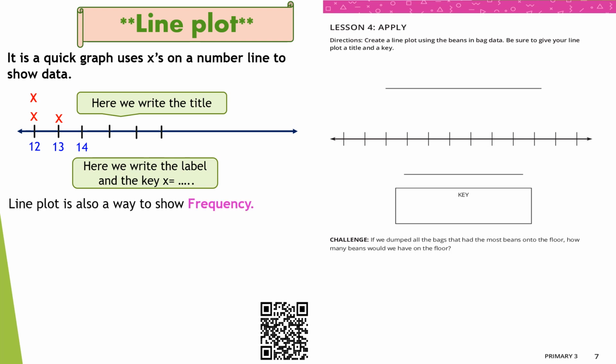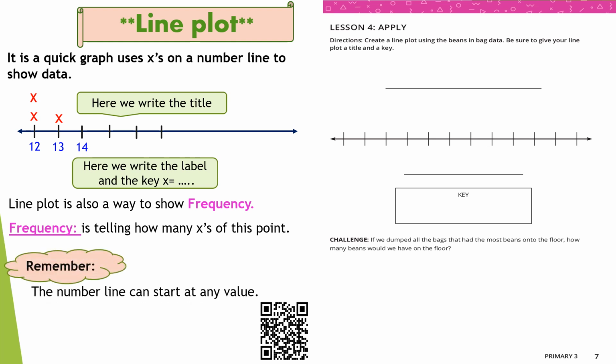So, what is the frequency? Frequency tells how many X's are on this point. What is the frequency of 14? 0. We don't have any X's at 14. What is the frequency of 12? 2, because we have 2 X's at 12.